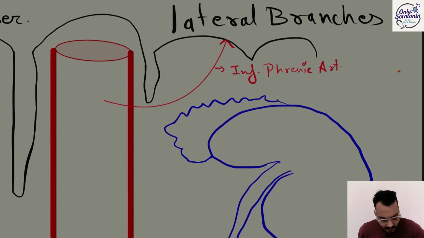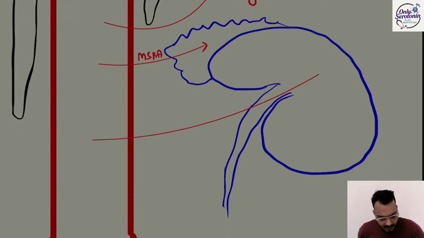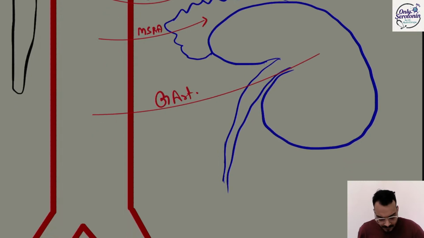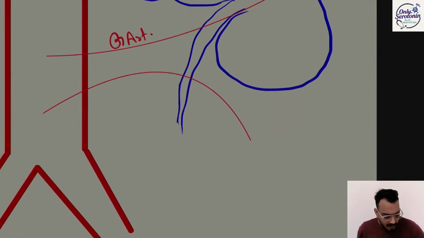Then one artery is going to supply the adrenal gland, known as the middle suprarenal artery. One artery will directly supply the kidney, that is your renal artery. And one artery which supplies your gonads, that is your reproductive organs, is known as the gonadal artery. Done.